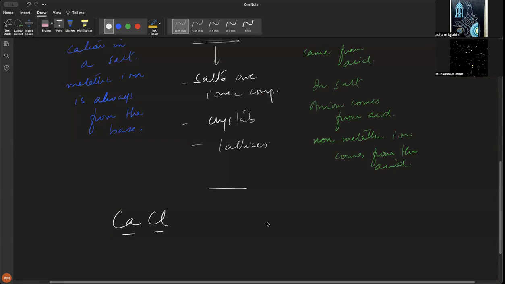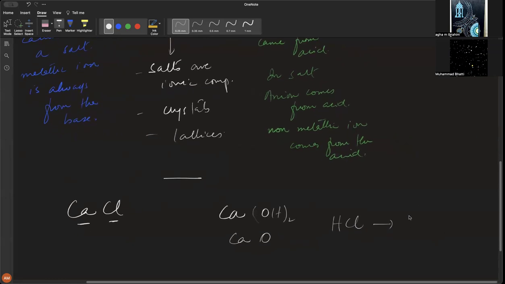So it's going to be something from a reaction of, let's say, calcium hydroxide or calcium oxide, something like that, and HCl to give us CaCl2 and water. Do you understand the point?